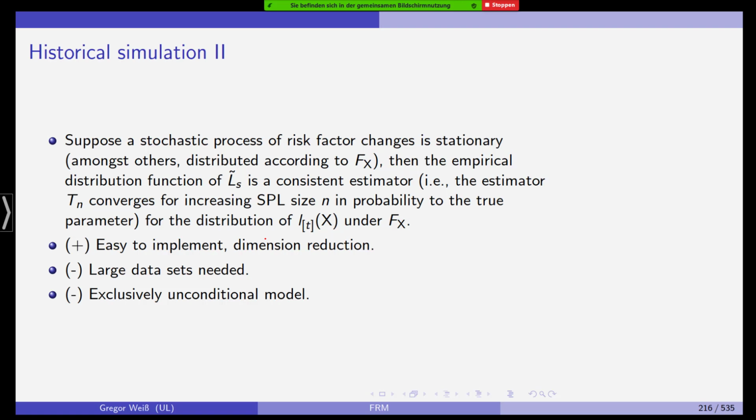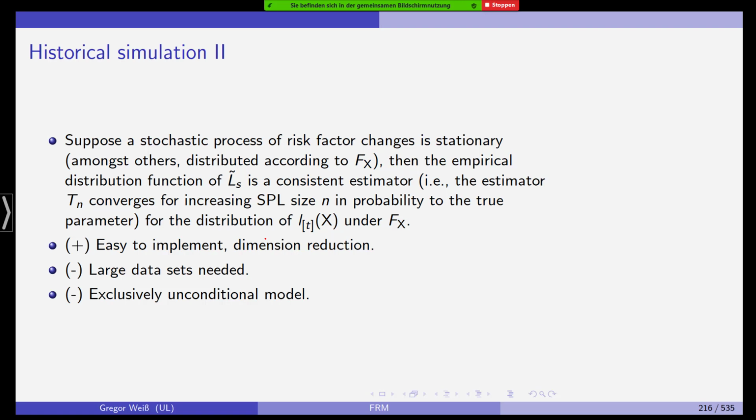So it's very easy to implement. It reduces the dimension to 1, but you need large historical data sets, and it's completely an unconditional model. You would have to use maybe rolling estimation windows to make this a quasi-conditional model, but otherwise it's exclusively unconditional.